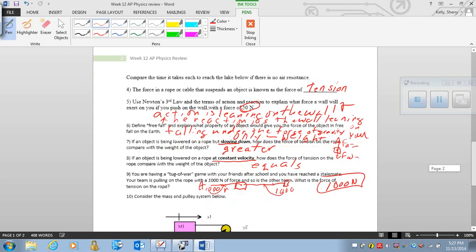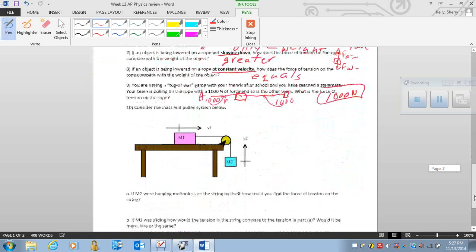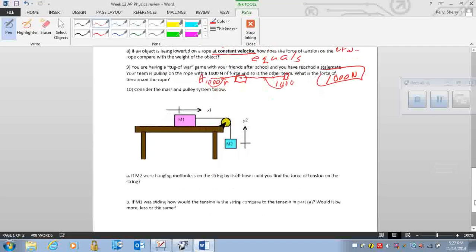Okay, considering this pulley system below, Part A says if mass 2 were just hanging motionless by a string by itself, in other words, it wasn't on a pulley system, it's just sitting there hanging from the ceiling like so. How could you find the force of tension on that string? So we would have a tension force up here, which would be our applied force going up.